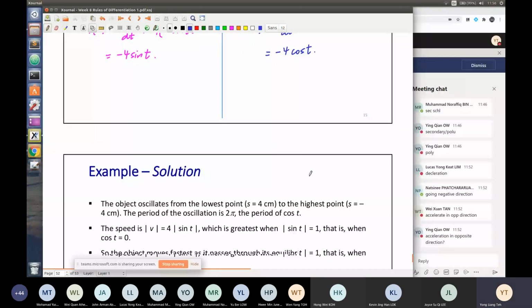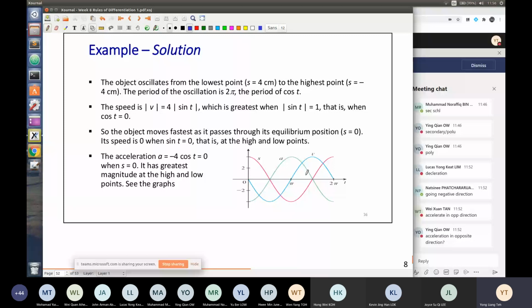So whatever we have explained just now follows this graph here. You can expect that when your S is starting at 4, so this is 4 cosine t. So S equals 4 cos t. So you can see cosine function. Then subsequently we differentiated. So what is my V? This V is equal to -4 sine t. So -4 sine t, you can see that this sine function is like that.